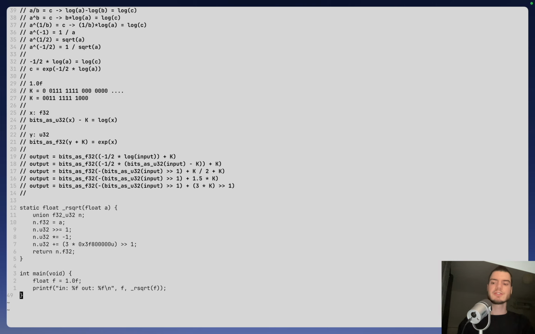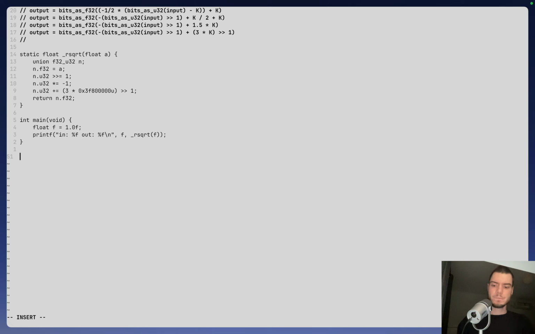And if we do the actual mathematical operation, we would have 1 divided by the square root of 1, which is 1. Let's try this for some known value. Let's do 1 divided by the square root of 4, which should be 0.5. And that looks pretty good.